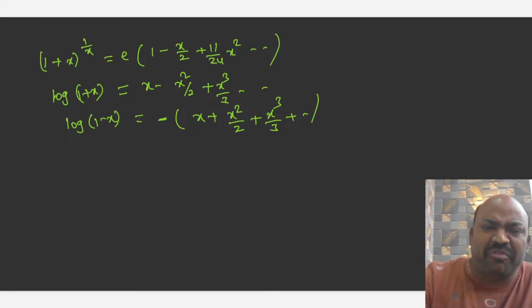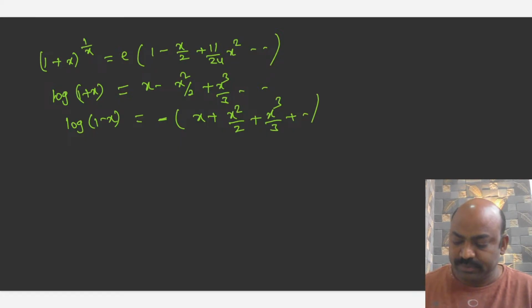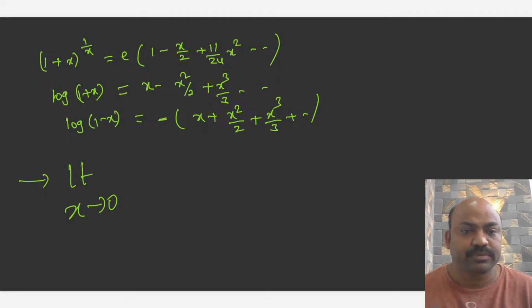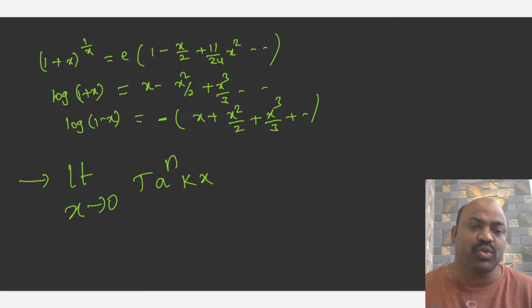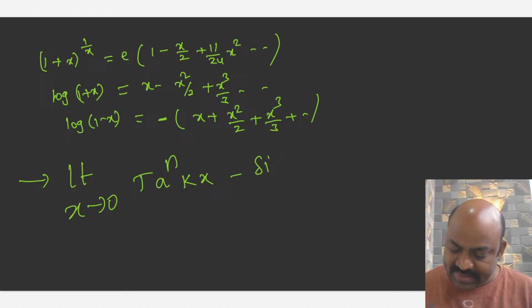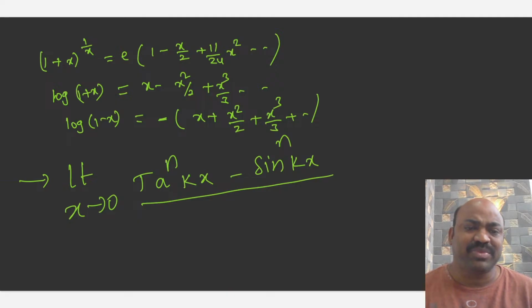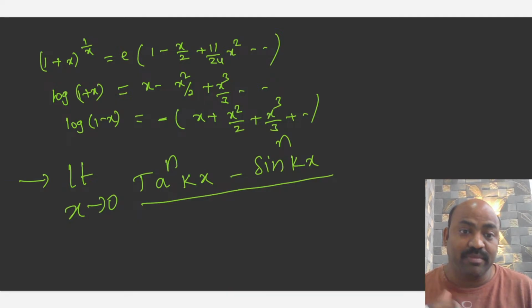Let me show you one beautiful, very big question where students generally miss a lot of things. Take it up. In the standard limiting case, as x tends to 0, (tan kx)^n minus (sin kx)^n, divided by something whose power is more than the numerator.